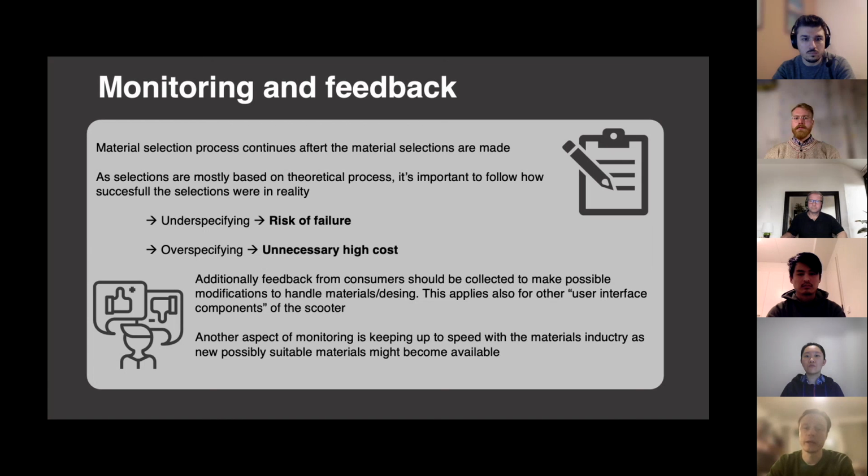Scooters might start breaking when used, so we would need to revisit our material selection and maybe choose something else. Or vice versa, there's a possibility of overspecifying a material, so we might have chosen too expensive materials, and there's a possibility to reduce the cost of the scooter by changing the material to something else.